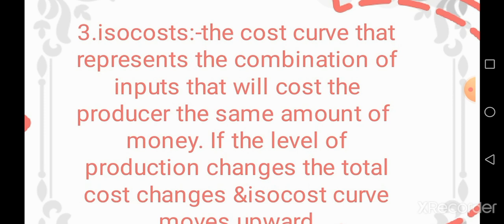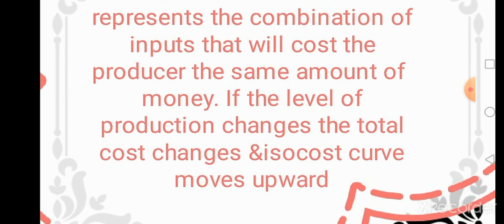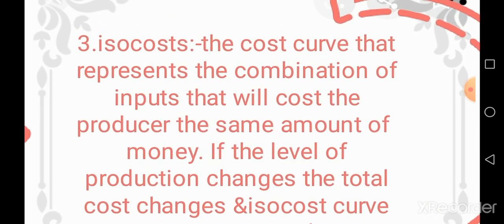In this isocost curve, if the level of production changes, the total cost automatically changes and the isocost curve moves upward. Isocost's main purpose is that any input combination, like increasing labor or decreasing capital, or decreasing labor or increasing capital, gives the same cost to the producer, that is, no increase in the cost of production.